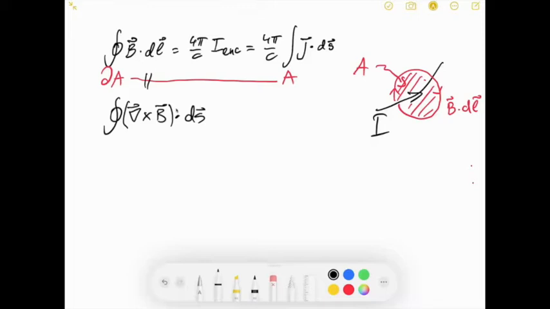Now you see that we have on both sides a surface integral, and this is not a contour integral, this is a surface integral of J dS. And we did not specify at any point that this thing needs to have any particular shape.